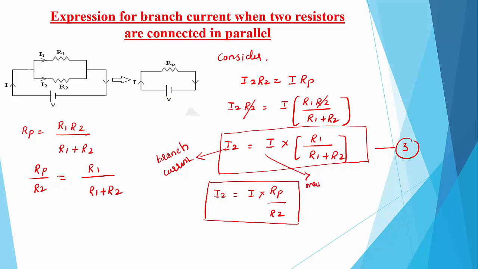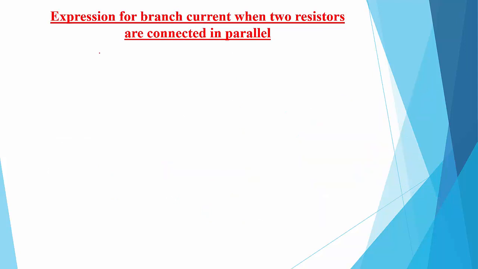I is main current. What is R1? R1 is resistor or resistance of other branch. And R1 plus R2 is sum of resistances. So this is an expression for I1 and I2.